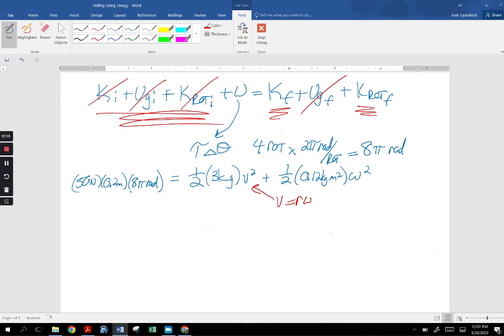So this is going to be 251 Newton meters, or joules, because it was work, equals 1.5 kilograms. We have to replace this with r squared omega squared. R is 0.2 meters squared omega squared plus 0.06 kilogram meter squared omega squared.